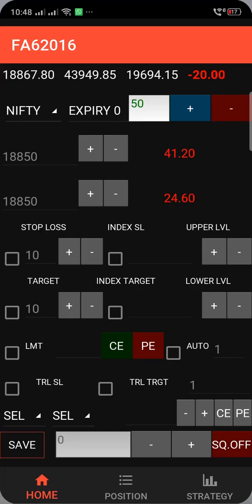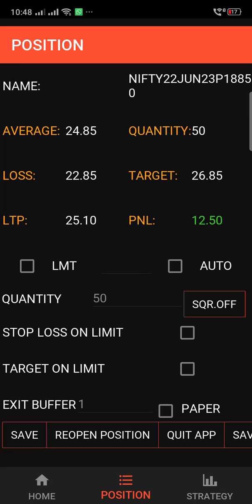Next, we can see how to set SL and target. Enabled SL and change the stop loss to 2. Similar way, enabled target and changed the target points to 2. Clicked PE and order is placed. Our target is 100 rupees.